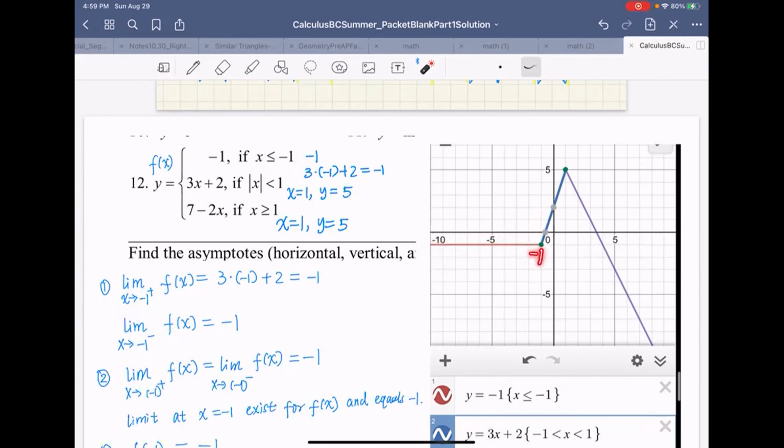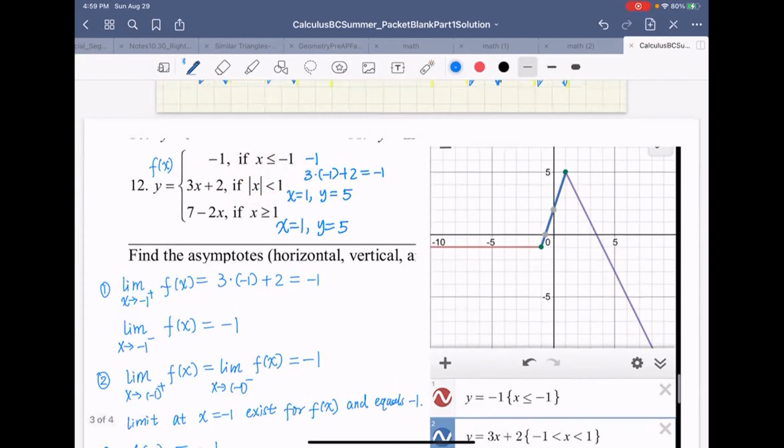Okay, so this is -1. Stop over here. And then tell me, what does this mean? The absolute value of x has to be less than 1. So x will be between who? -1 and 0.